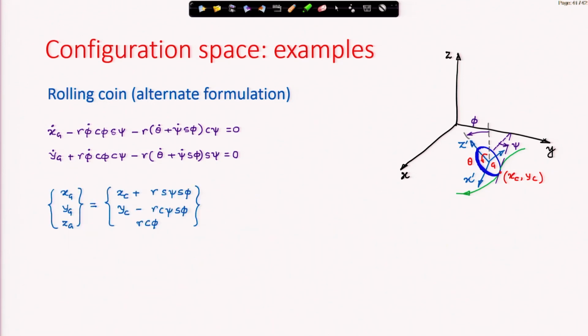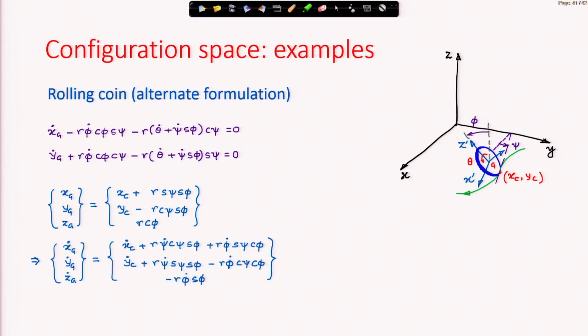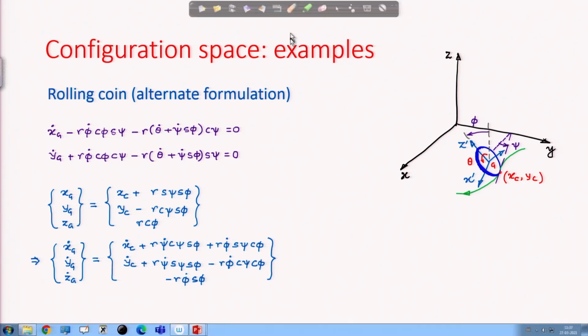Now, we can start differentiating this. We differentiate this with respect to time and obtain the velocity of the center of mass. Everything is now represented in x, y, z, the ground fixed frame, and we substitute these velocity expressions in our constraints. The constraints are sitting here.